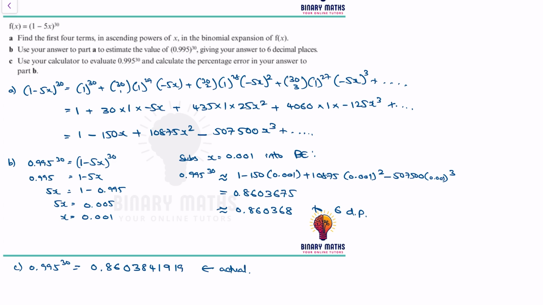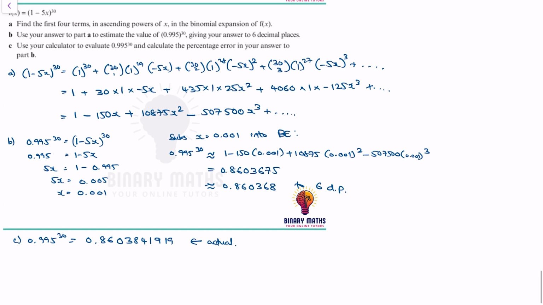Calculate the percentage error in your answer to part B. So to calculate the percentage error, percentage error is equal to actual take away estimate over the actual times by 100. So the actual answer is 0.8603841919.